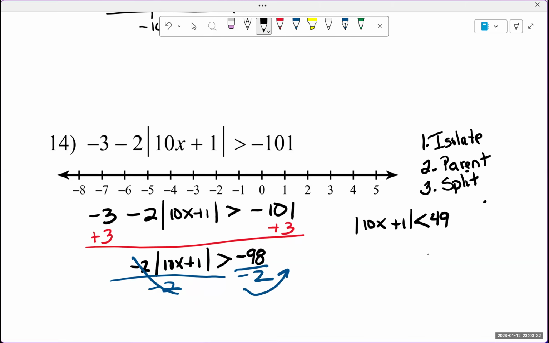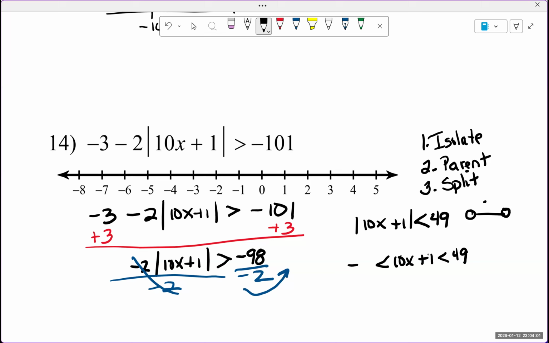Okay, now parent graph. More is or, less is nest. So this is a nest with open circles. Okay, that's our prediction. So this is a nest. Notice one piece, 10x plus 1 less than 49. Okay, they both match. They're both less than.